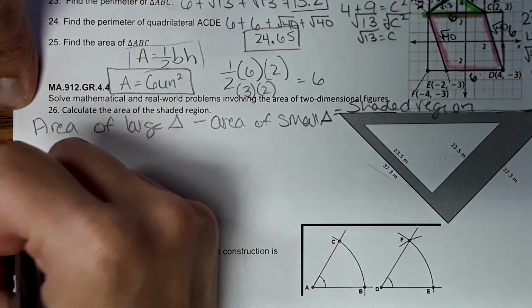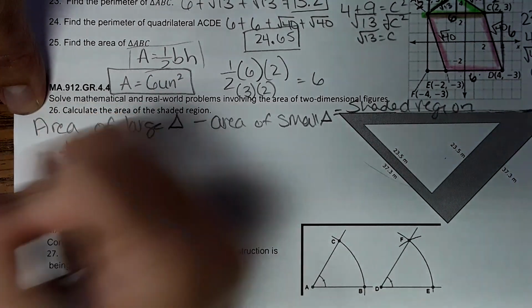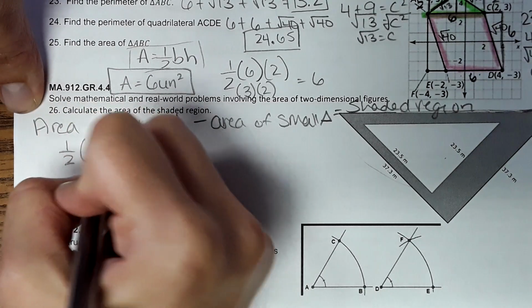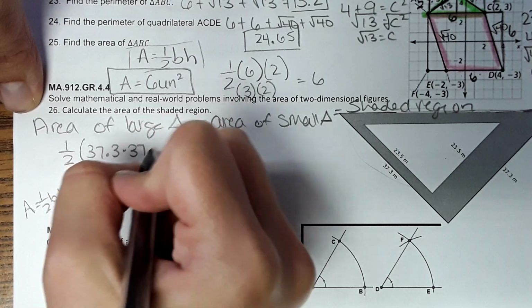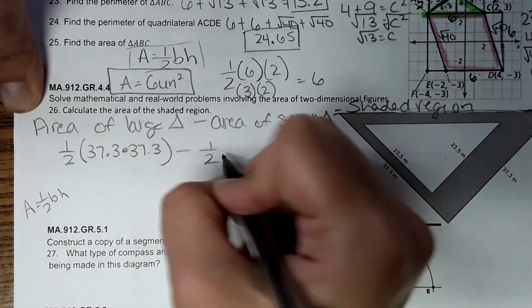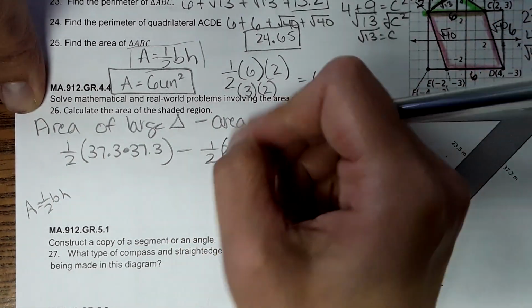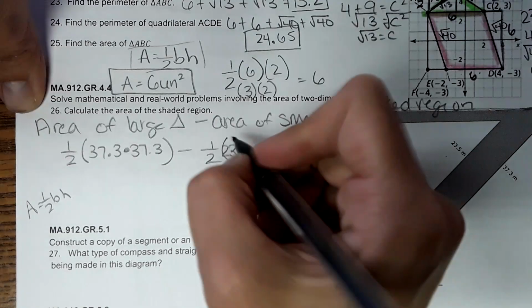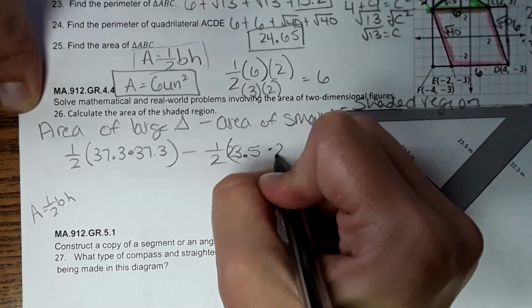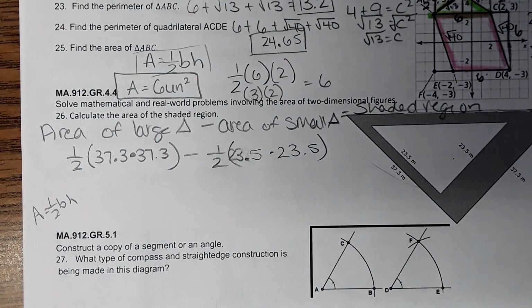Area of a triangle, again, area equals 1/2 base times height. So 1/2 37.3 times 37.3 minus 1/2 23.5 times 23.5. And then we solve.